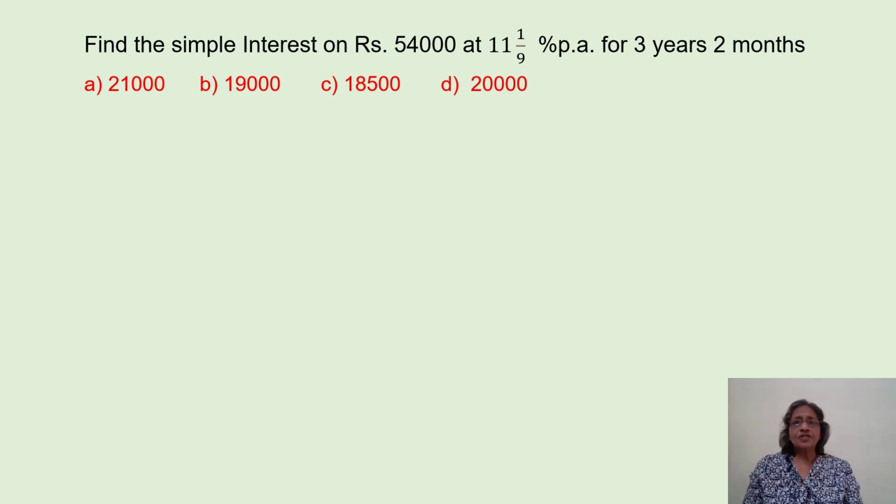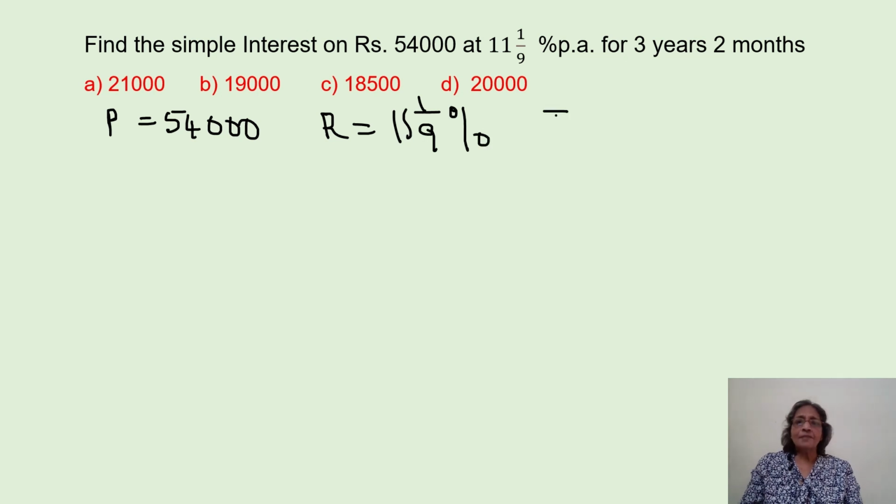The simple interest on rupees 54,000 at 11 1/9% per annum for 3 years, 2 months is, now we have to find the answer. So I have got the principal as 54,000. The rate is 11, 1 upon 9%. And the time period.